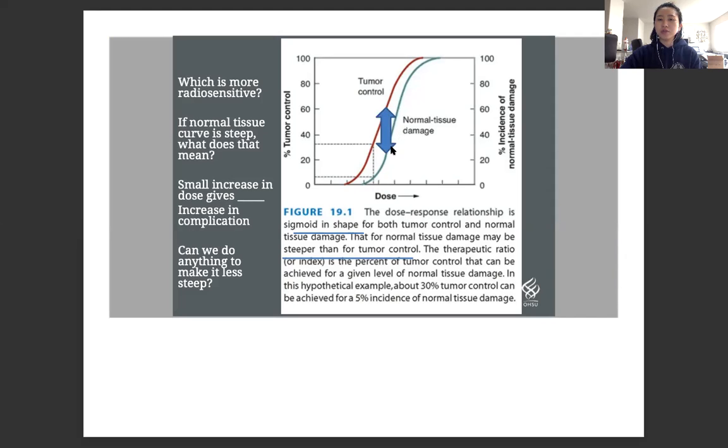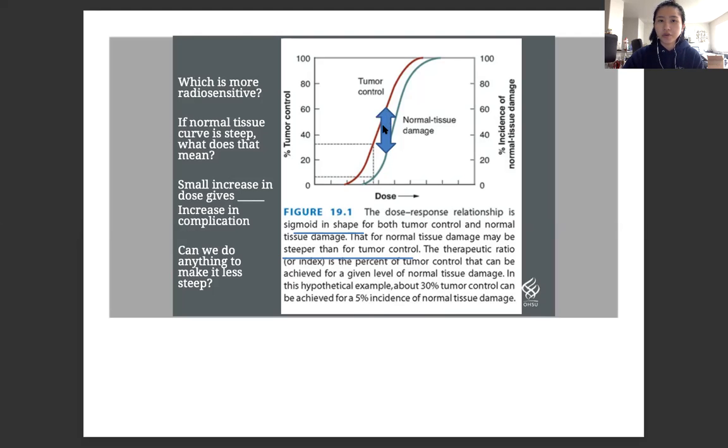The therapeutic ratio or index is the percent of tumor control that can be achieved for a given level of normal tissue damage. In this hypothetical example, about 30% tumor control can be achieved for 5% incidence of normal tissue damage. I don't exactly know what that meant, but let's remember 30% tumor control and 5% incidence of normal tissue damage.